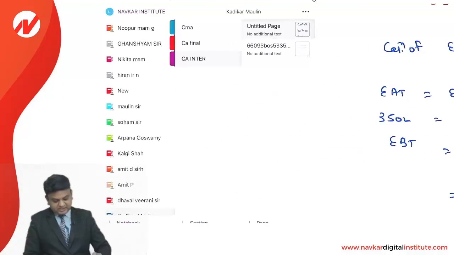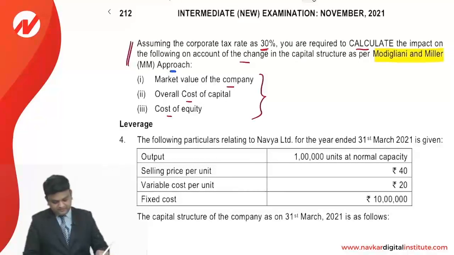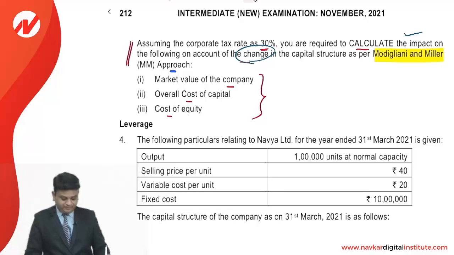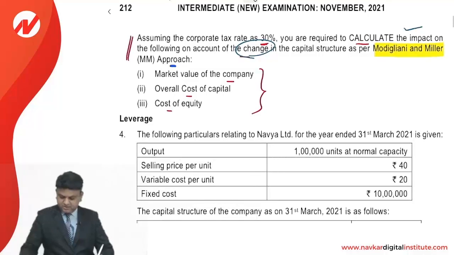Let us read the questions that they have provided. Definitely we will be able to answer all of them easily. The question says: calculate the impact of the following on account of the change in the capital structure. So the market value of the firm which is required to be found is 1832.50.